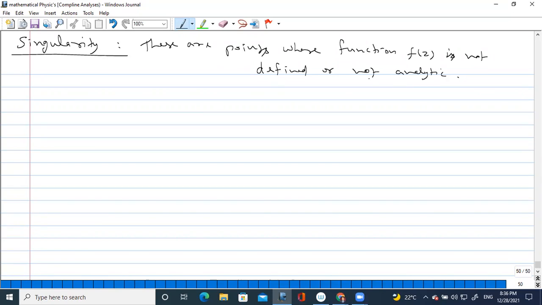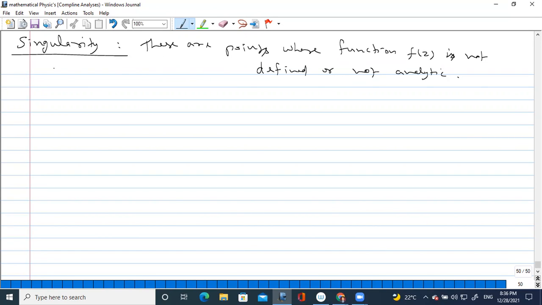So all such points are known as singularities. Simple definition. If you put that point in that function, the function will become infinite. It means it is not defined.